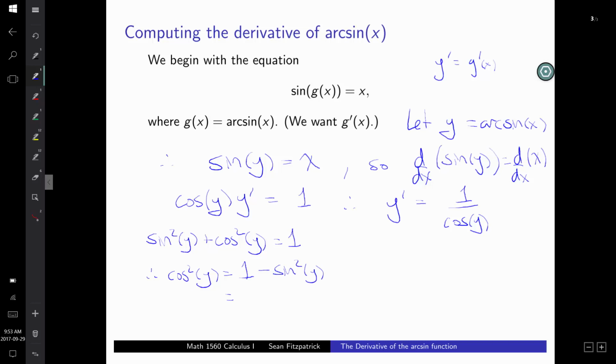But what is sine squared y? Well, sine of y is x. So if I square that, I get 1 minus x squared. Okay. And now I want to solve for cosine y, which means I've got to take square roots. But then I've got an issue. There's a positive root and a negative root. How do I choose a root here? How do I know whether it should be plus or minus?